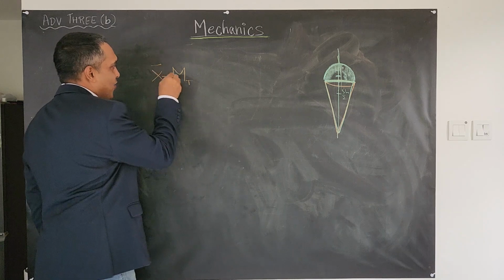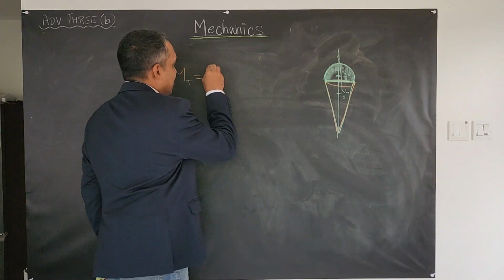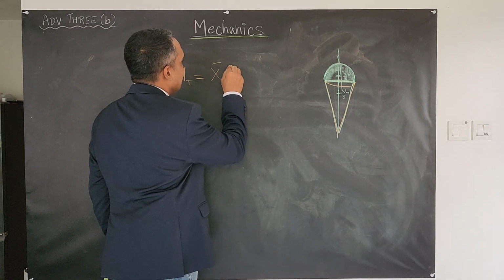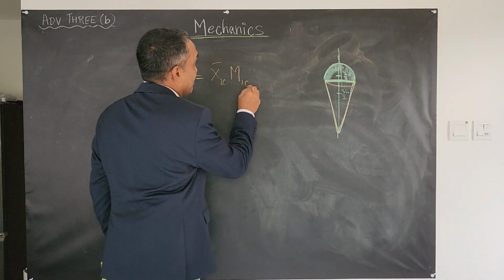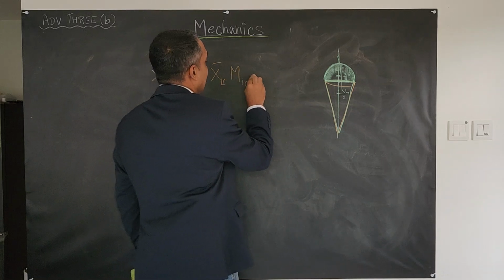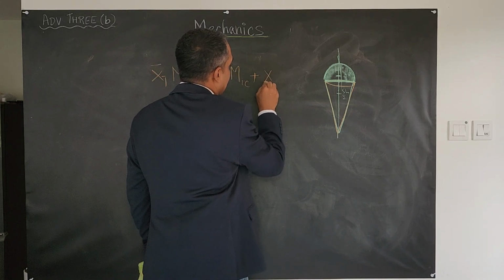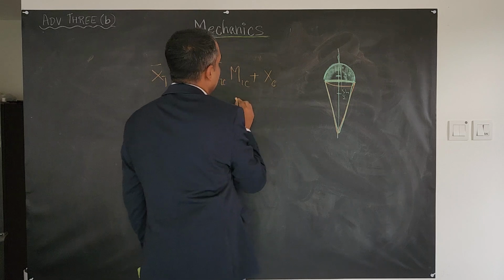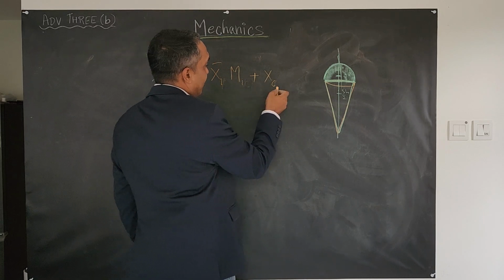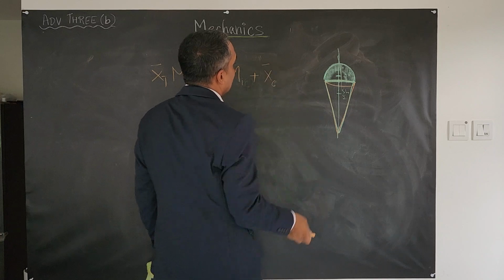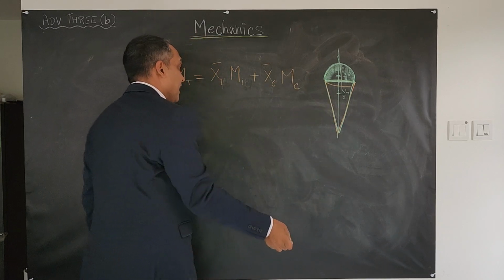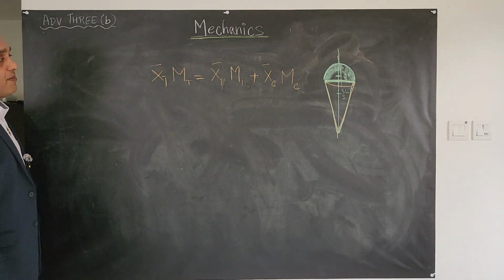The x bar of the total is equal to x bar of the ice cream times mass of the ice cream, which you know, half of a sphere, you know the volume, the density of the ice cream is given, plus x bar of the cone alone, which you can again find out in the formula, times mass of the cone, which you know again, volume of a cone times density.